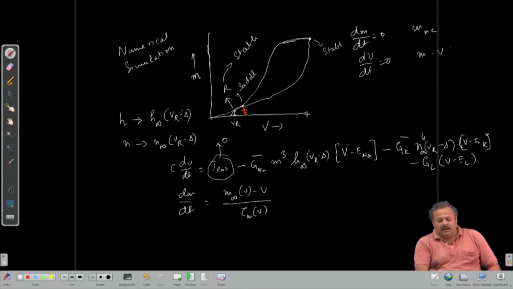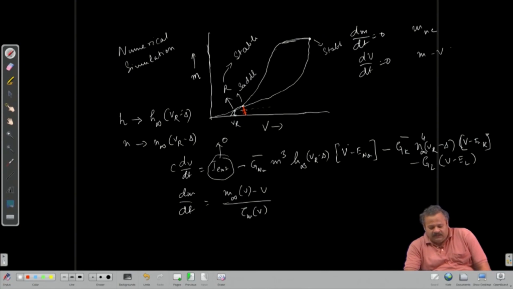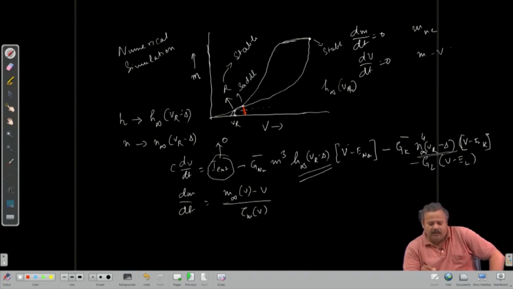Now the same phase plane can be plotted with these values of h and n. So this was plotted with h infinity at VR as the h value and n infinity at VR as the n value.